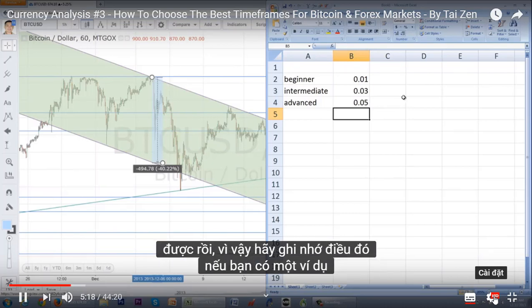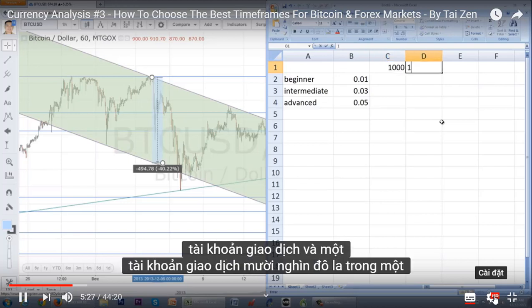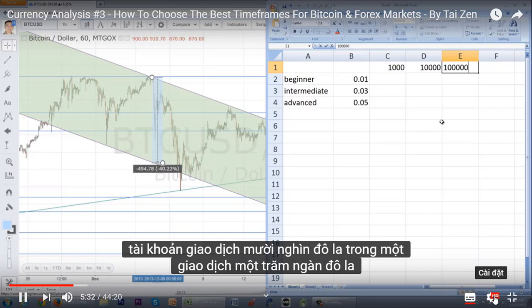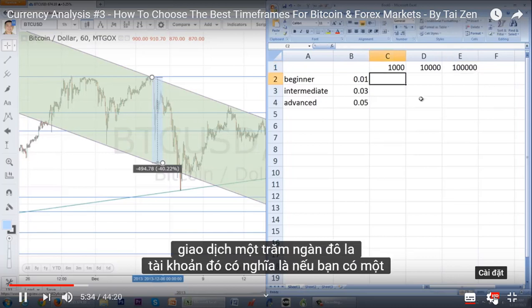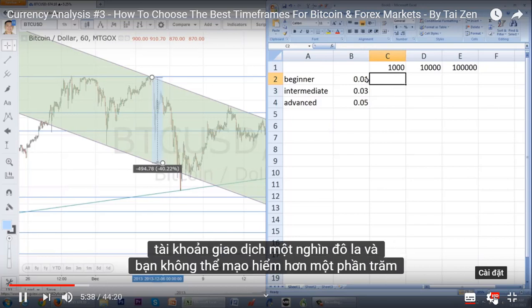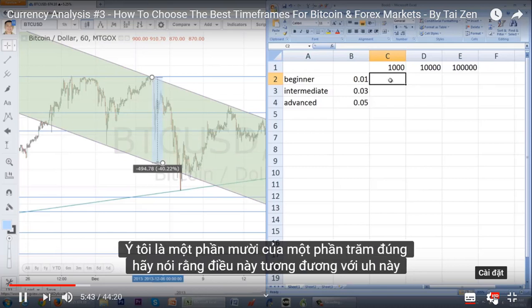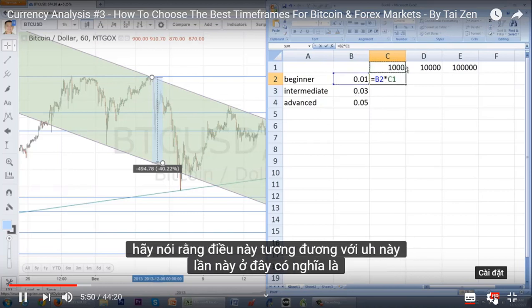Basically, let's just say, for example, that you have a $1,000 trading account, a $10,000 trading account, and a $100,000 trading account. If you had a $1,000 trading account and could not risk more than 1/10 of 1%, let's just say that this equals this times this right here.